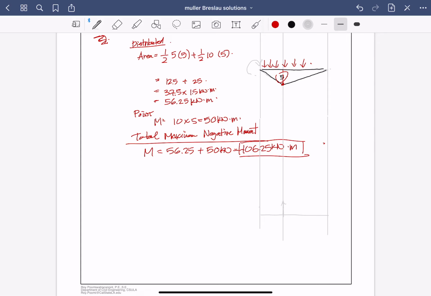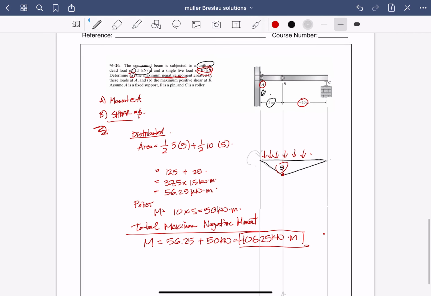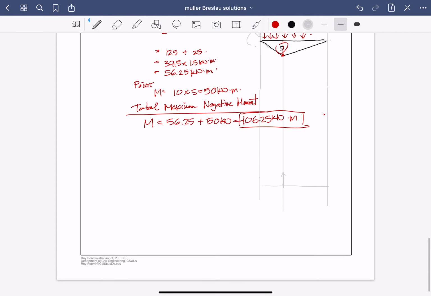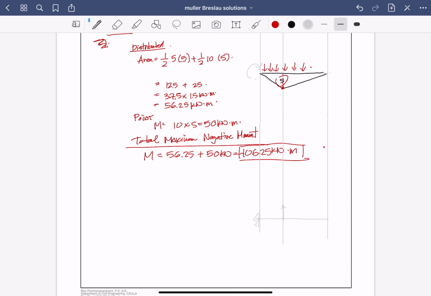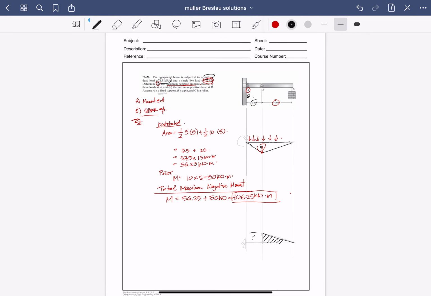Now remember that I think they say A is fixed, so you can't push it up because it's fixed right here. So that means we're going to have something like that, and that's 1 unit load. And so that would be our diagram, and we would apply the same concept.